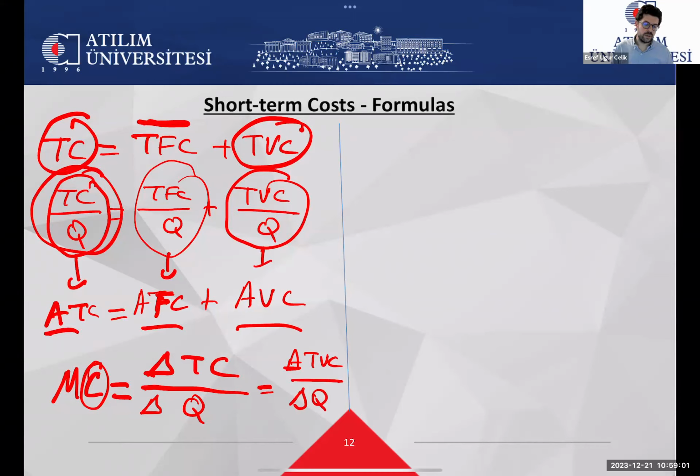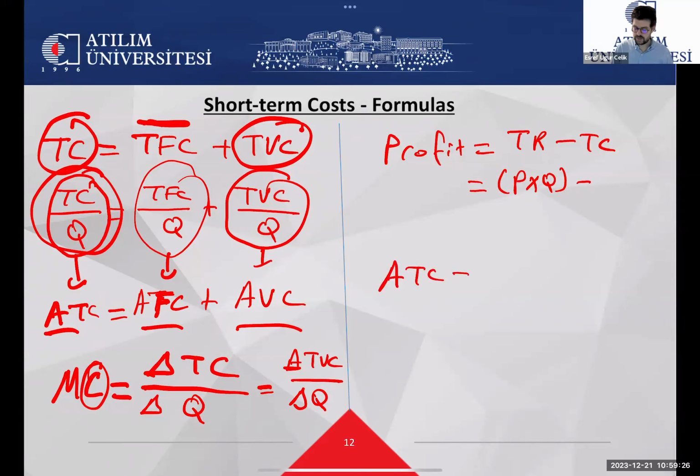Then we are able to talk about profit. Normally in the profit, total revenue minus total costs. We know the formula of total revenue, price multiply quantity, and by getting the total cost formula, we can use that one. Average total cost formula is total cost divided quantity.